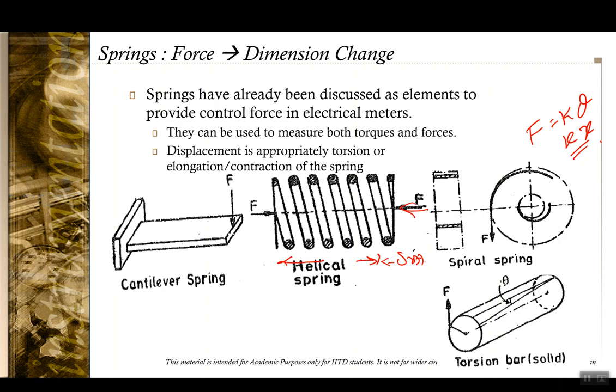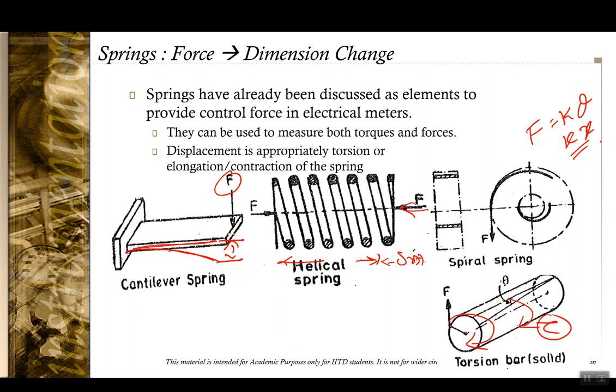And this can be done in various types. You can have a cantilever spring in which the deviation from this position is proportional to the force being applied. The same can be said in the case of a helical spring also. You can also have torque being measured in a torsional bar, where the torsion captures the torque that is being applied.